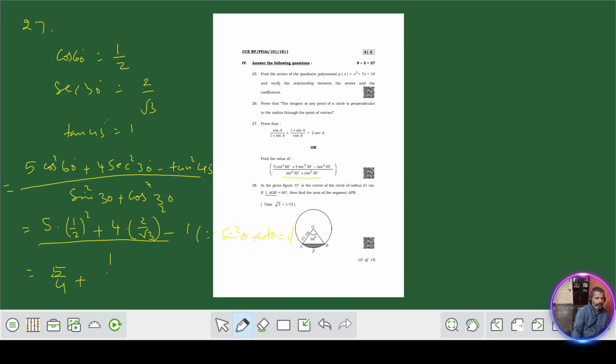So 4 into 4, 16, 16 by 3 minus 1. On taking the LCM, 12 is the LCM. 4 3s are 12, 3 5s are 15, plus 3 4s are 12, 16 4s are 64, minus 12. So on simplifying, 67 by 12 will come. Answer is 67 by 12. Just check and solve it properly.